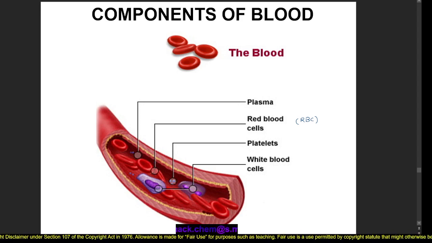On the next slide, we'll be looking at the functions of blood. And in understanding the functions of blood, we will be able to understand why blood contains some of these components, as we are going to relate the functions of blood to these components. So I will start by looking at the functions of blood first.